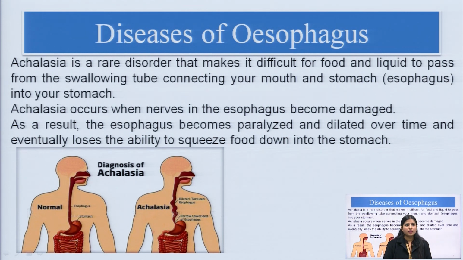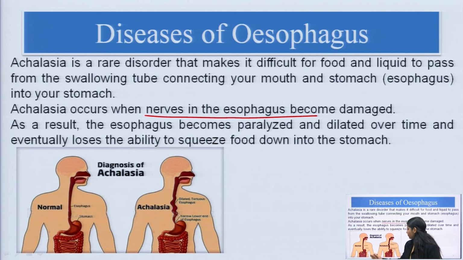So, why is it difficult to pass the food or liquid further? Achalasia occurs when the nerves in the esophagus become damaged. It is due to the damage in the nerves in the esophagus area.